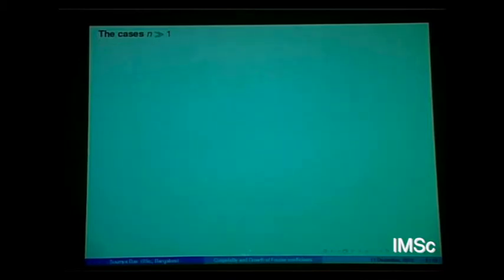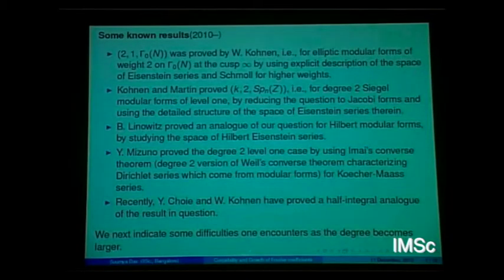As I said, the proof of Mizuno is different from all the others. All the others more or less just analyze the space of Eisenstein series by brute force. Sometimes you have to prove some lower bounds on Fourier coefficients or some linear combinations of Fourier coefficients.